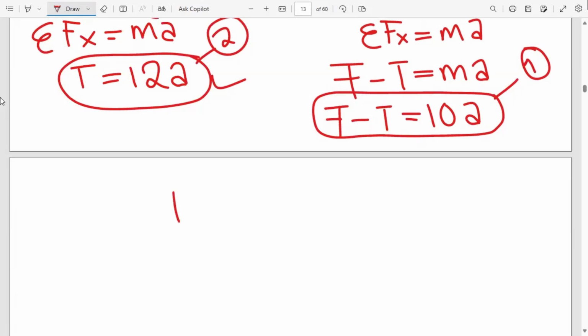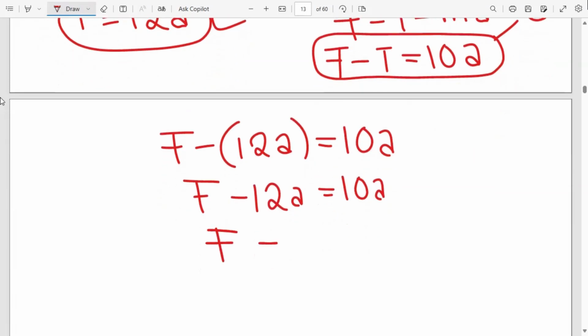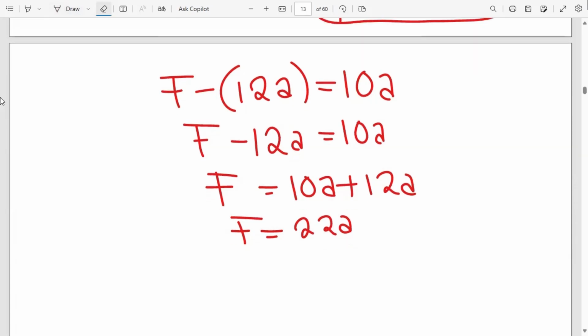So I'm going to say F minus 12a is equal to 10a. Okay, so the force will be equal to 10a plus 12a. The force will be equal to 22a.